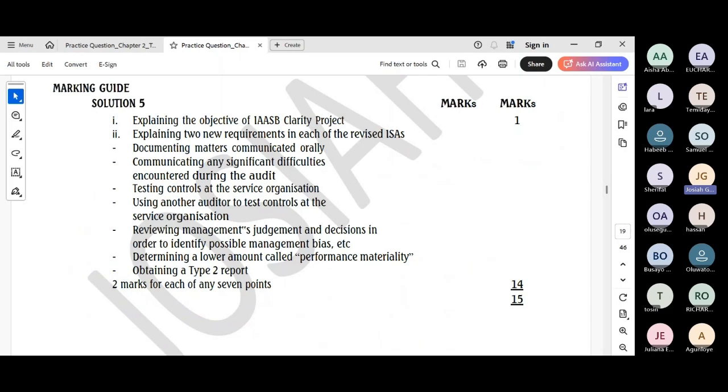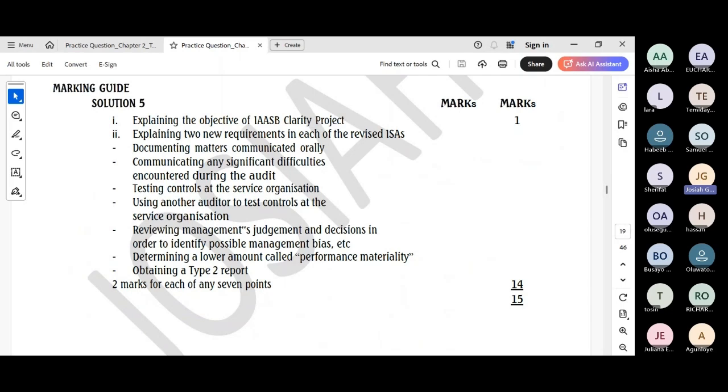I don't expect such questions from ICAN, but then anything is possible. So a deep understanding of ISA is important. From brief, peripheral understanding from our memorization, then you go into deep understanding as you look at the interconnectedness with these standards. So precision is also important.